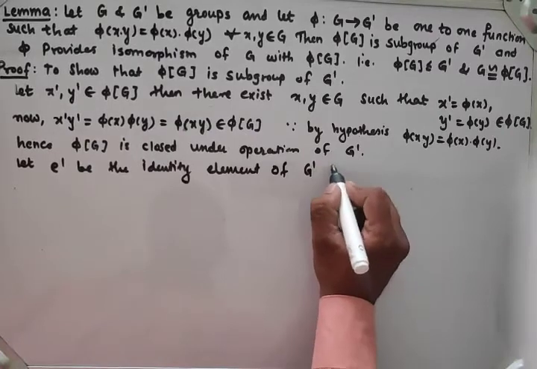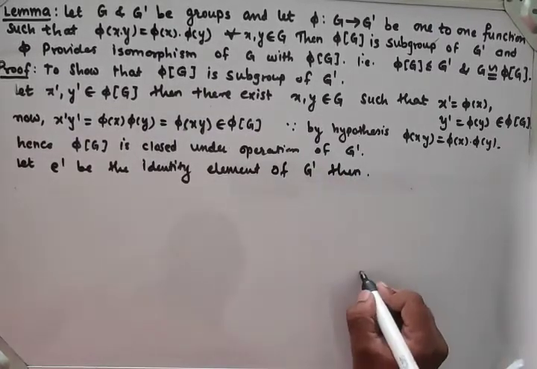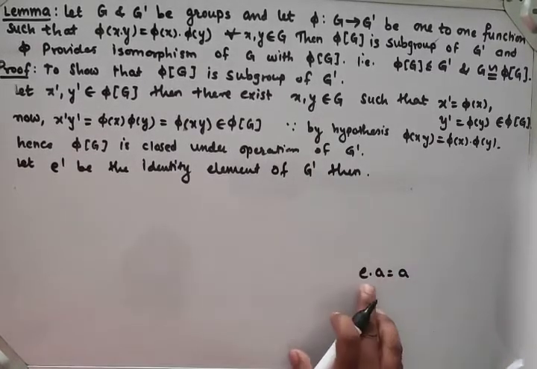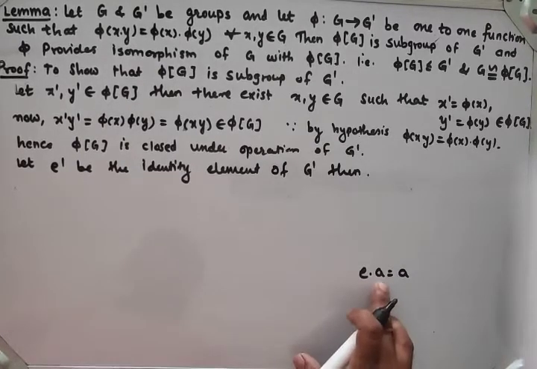Then we have the property of identity element: suppose E is an identity element, then E into A is equal to A, so we see that E is the identity element of that element, right?